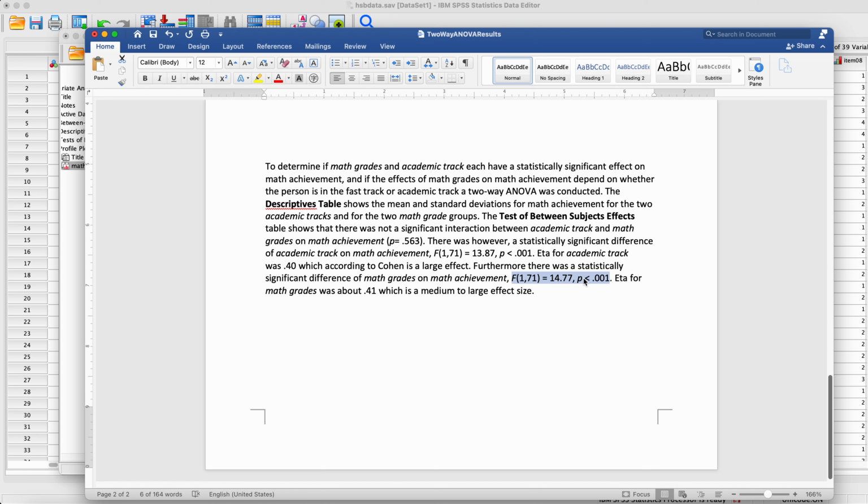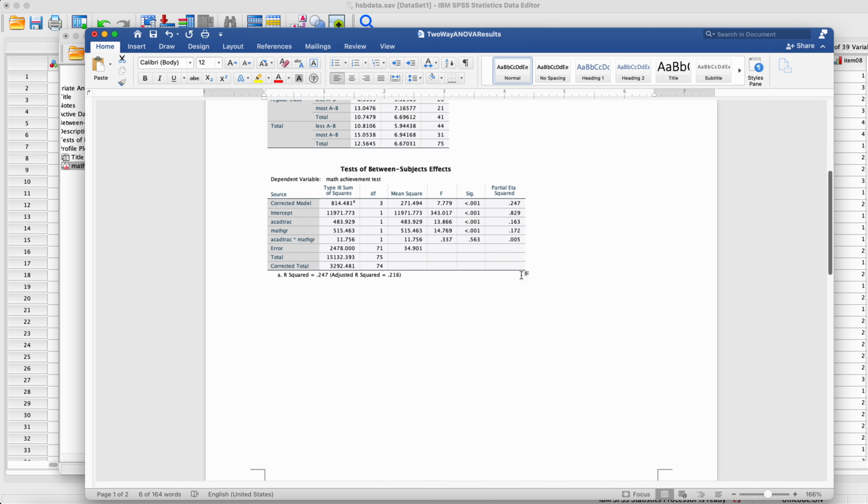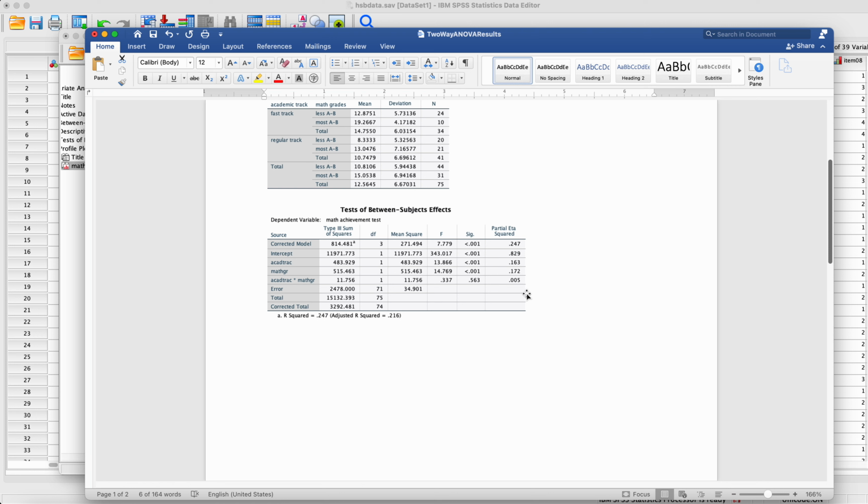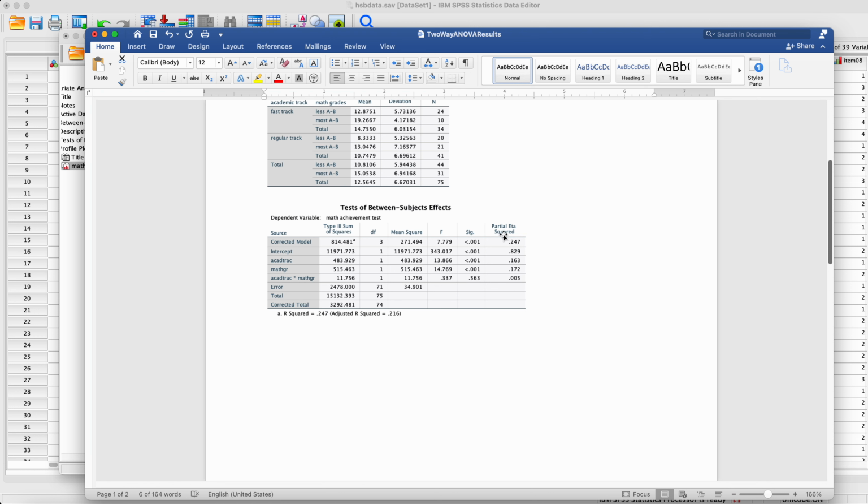Again, the table just said less than 0.001. So that's what I'm left to go with. So again, now I'm going to go back into my table and I'm going to report out my eta score. So my eta score is going to come from here and it's coming from this column. So disregard the value that I have typed there, but this is what I'm looking at.